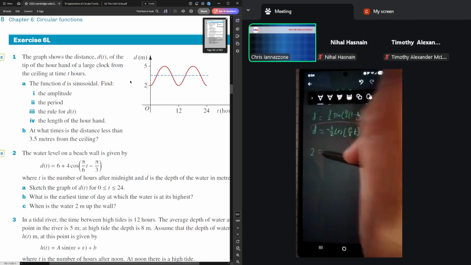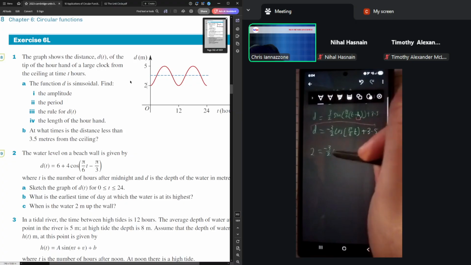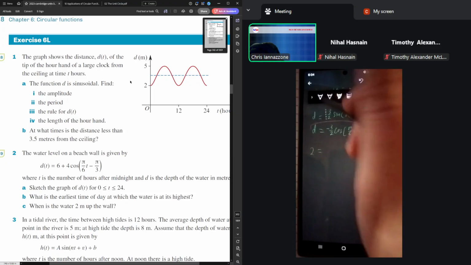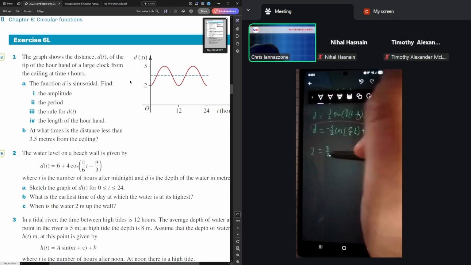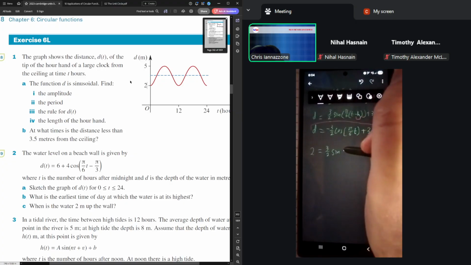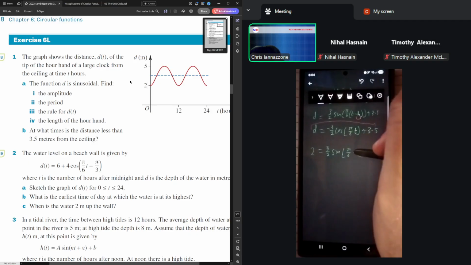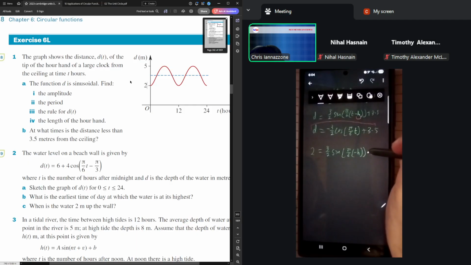So distance 2 minus 3 on 2. Oh, sorry, we won't do cos. We'll do the sine one because that's the one that actually has something to solve. Sine pi on 6 times 0, so you're literally just left with the minus h. And the 3.5 will rewrite with fractions.